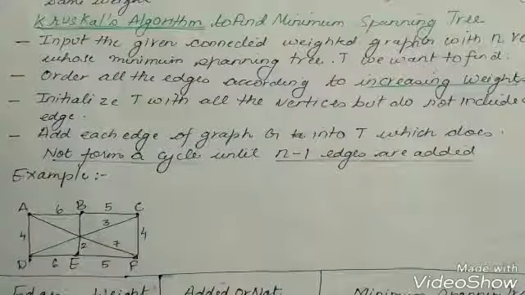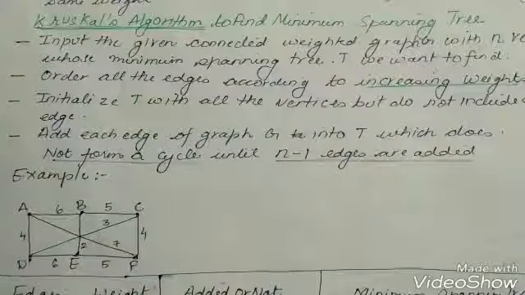Like here we can see that the minimum edge is BE, which has the minimum weight 2. So we have written BE and the weight equals 2. Then after 2 we have 3. So CD has weight 3. Then we will look for 4.